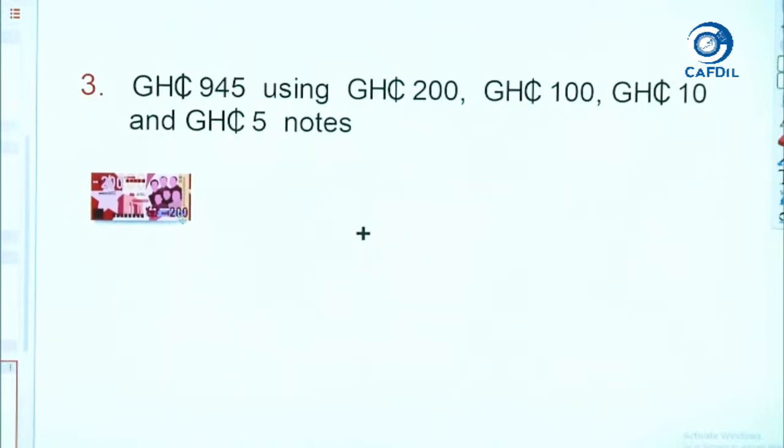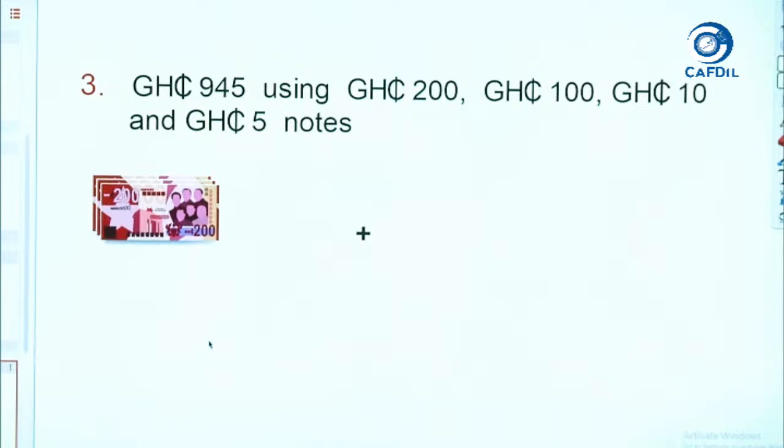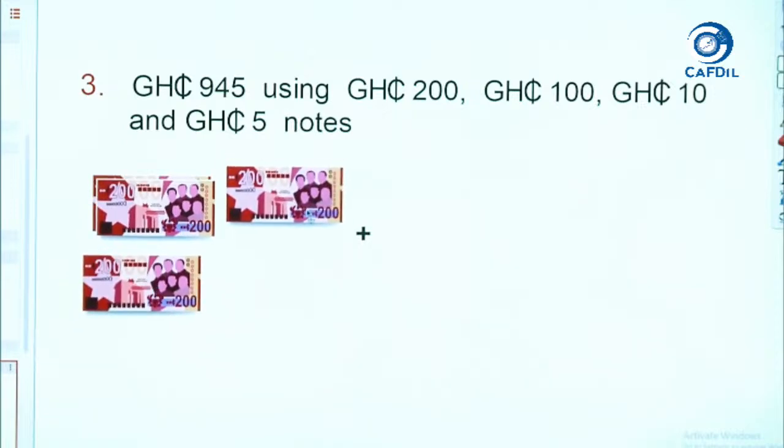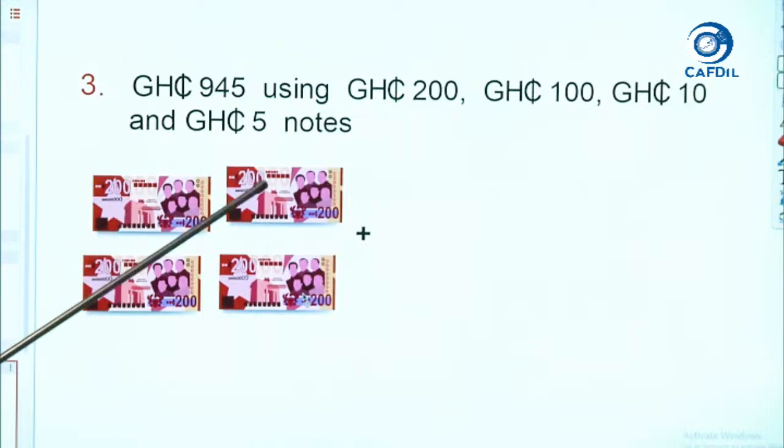I will use 4 of the 200 cedis notes. Are there 4? Yes. 1, 2, 3, 4. So 4 of the 200 cedis notes will give us 800. So learners, now we have 800 here.